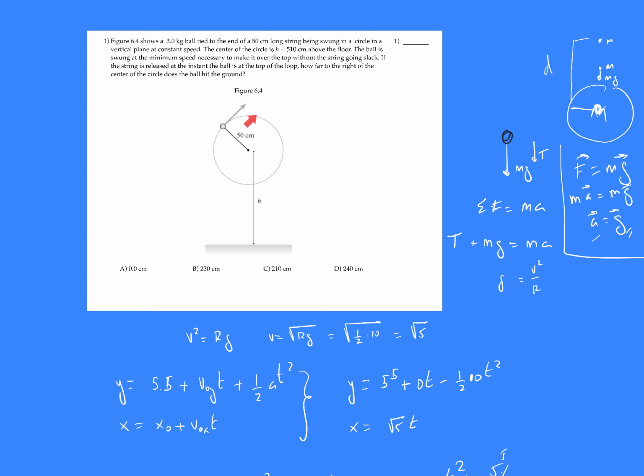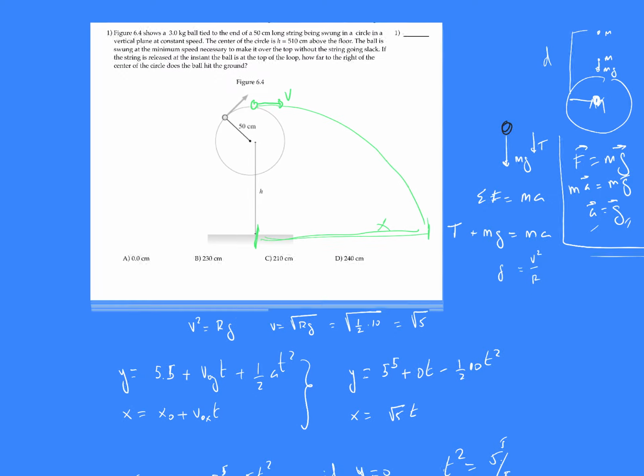So the ball arrives here with a certain velocity v, and we need to figure out what this velocity is. After the string is released, the ball will do a parabolic motion and will land at a certain distance x, and this is the distance that they want me to find.